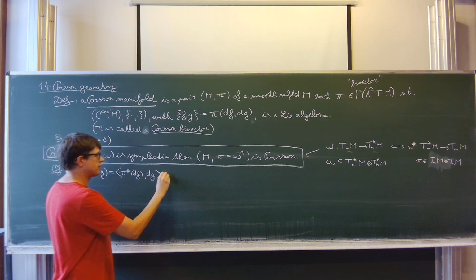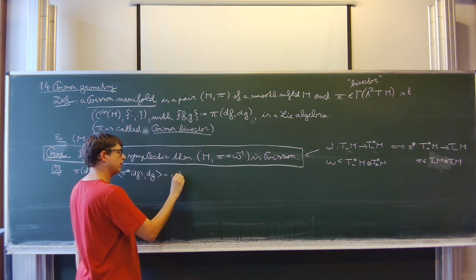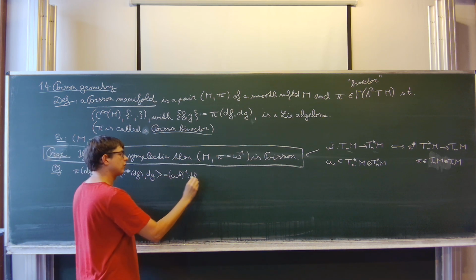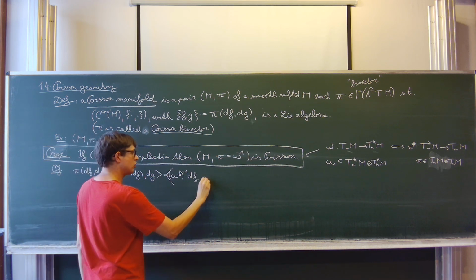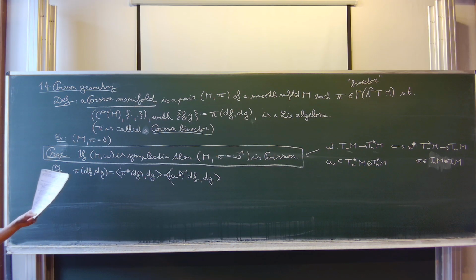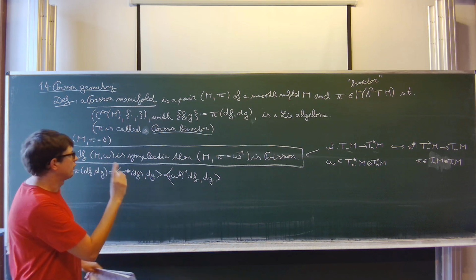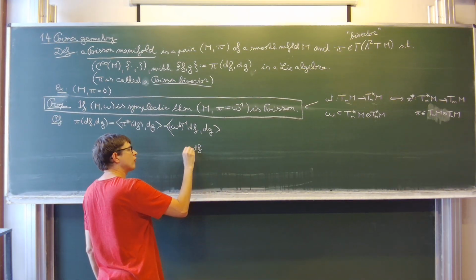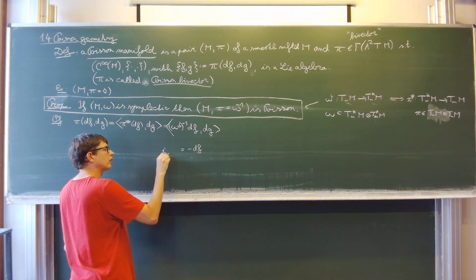Okay, but now this thing is the same thing as this omega flat inverse, acting on df, and then paired with dg. Remember the crucial formula that whenever you have a function f, you can define the Hamiltonian vector field, which we call Xf.